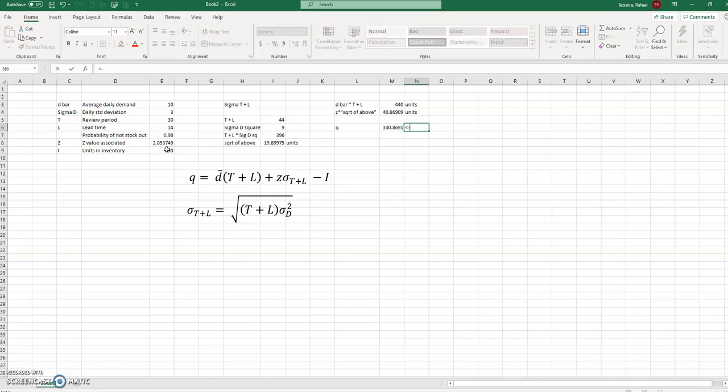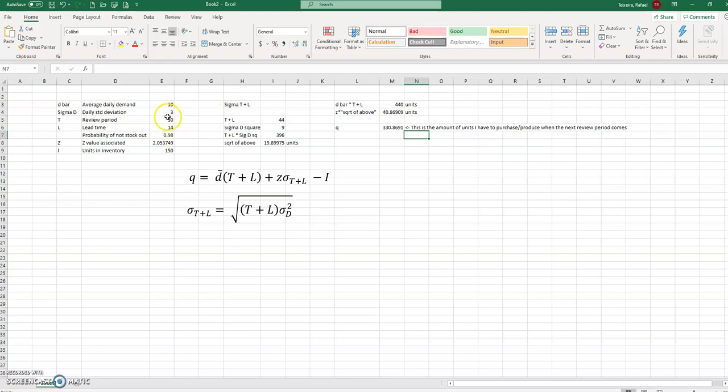So this is the amount of units I have to purchase or produce when the next review period comes. Let's say we place an order on the first day of every month.